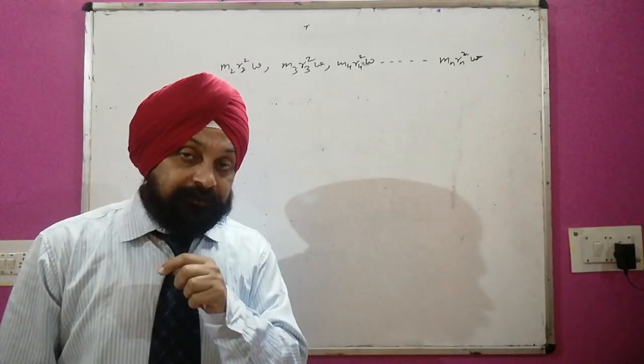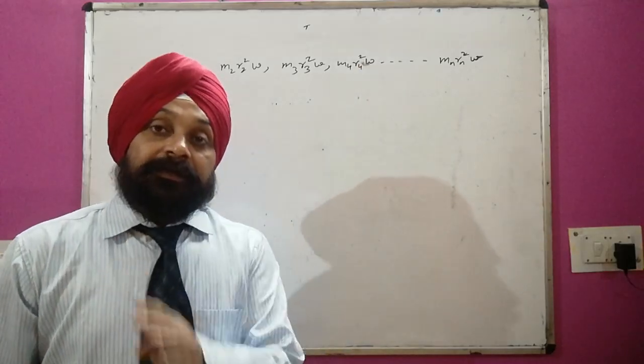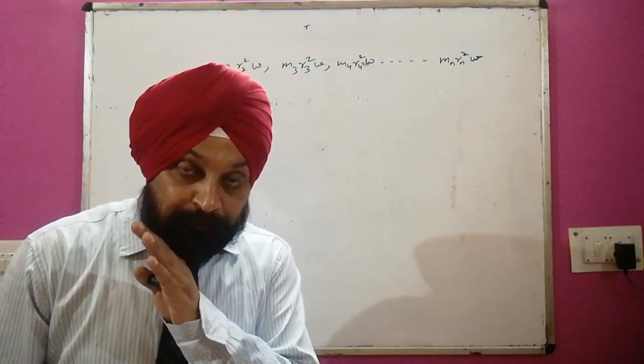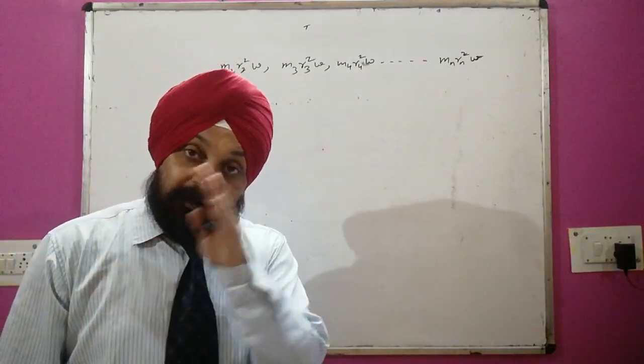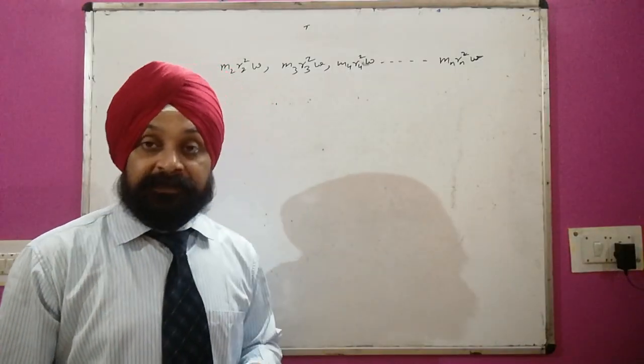Now, if we sum all of them, then we'll get the net momentum of the body rotating about an axis.